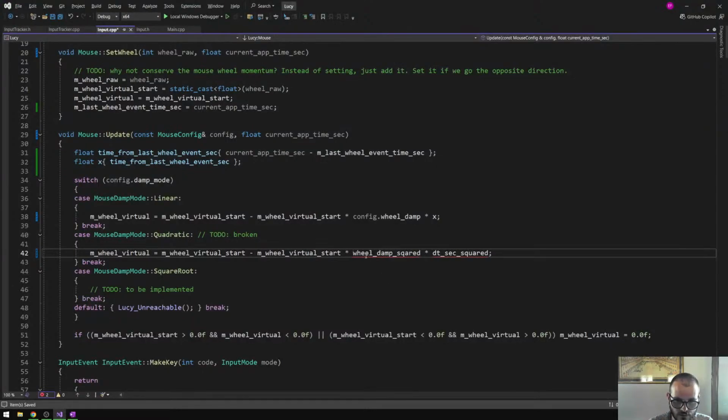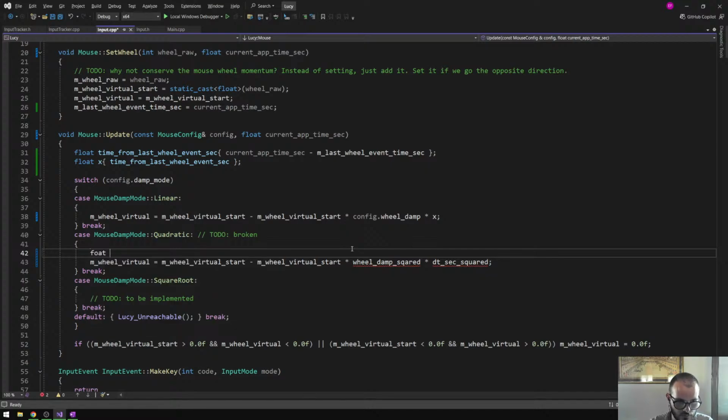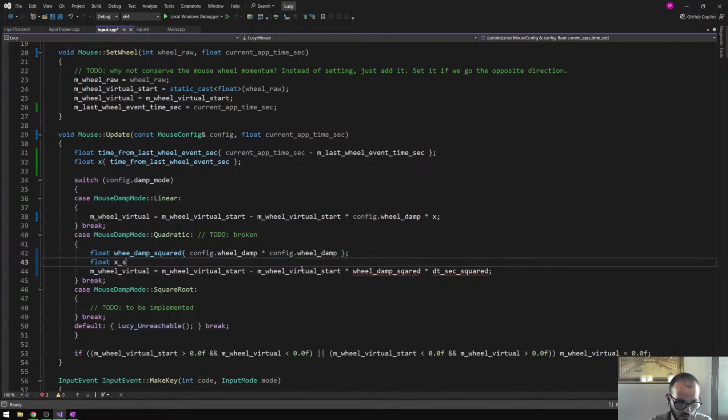By the damping factor, so float wheel damp squared, which is just the config wheel damp times the config wheel damp, float x squared. Take the x and we square it. So we have the wheel damp squared times the x squared.